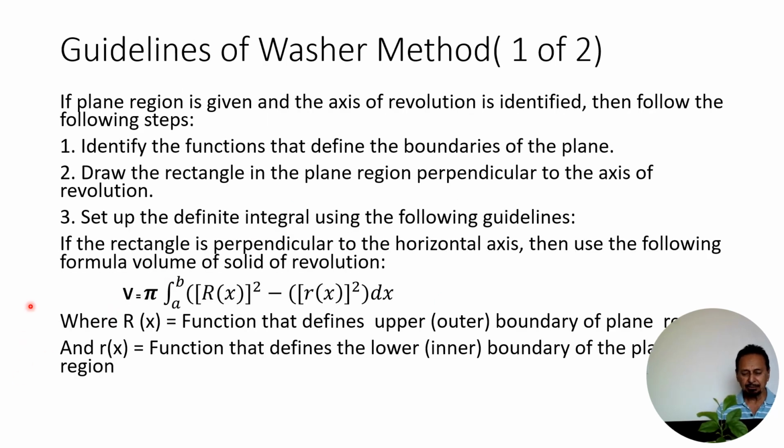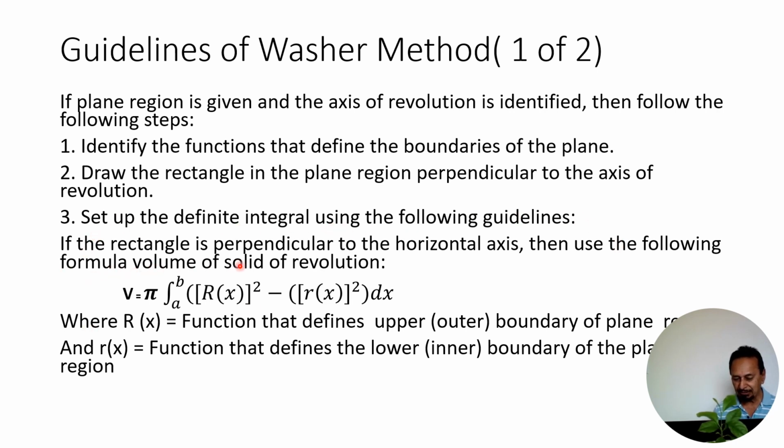Okay, here are some guidelines. If a plane region is given and the axis of revolution is identified, then follow the following steps. Number 1, identify the functions that define the boundaries of the plane region. Then draw the rectangle in the plane region perpendicular to the axis of revolution. Set up the definite integral using the following guidelines.